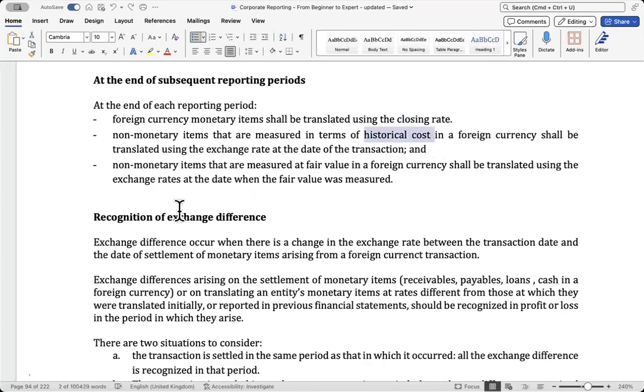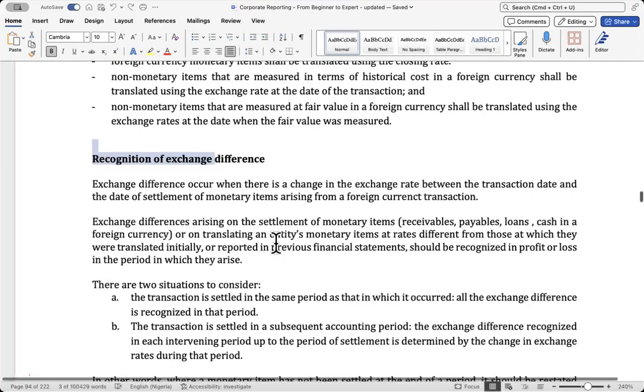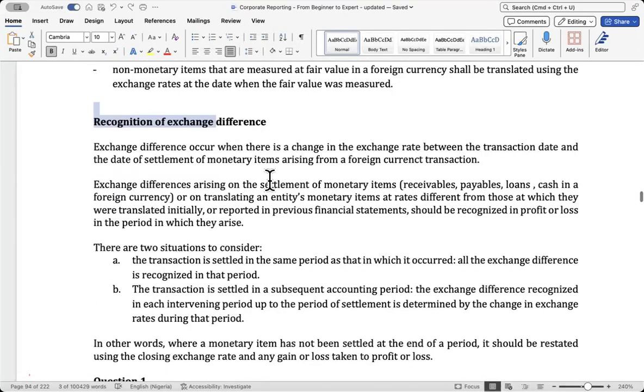When you are using different exchange rates, like I've explained before, it usually results in exchange differences, which is exchange gain or losses. So when you have such, the standard says that if the exchange difference is arising on settlement of monetary items, or as a result of translating monetary items, then we're going to recognize that exchange difference in P&L.